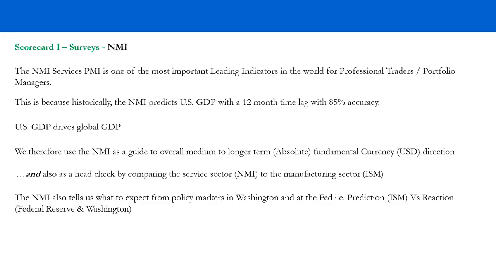So when you think back to our overall idea generation process, this is how it all works. Basically, we're starting to look at drivers in an endogenous manner, drivers that tell us what will likely occur in the future. And here we're looking at our first set, which is surveys.